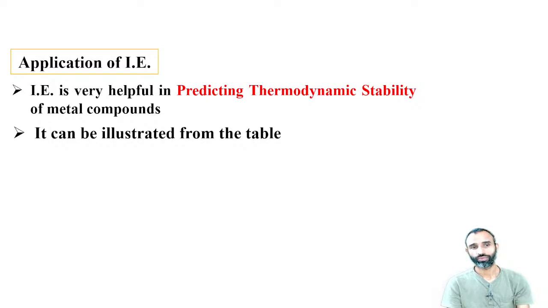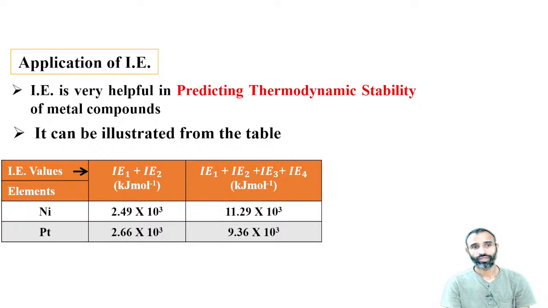So we can predict thermodynamic stability of metal compounds. This is the best example, nickel and platinum. If you see the first two ionization enthalpies, the first two ionization enthalpies of nickel are less than platinum. So that means nickel compounds are more stable in +2 oxidation state.